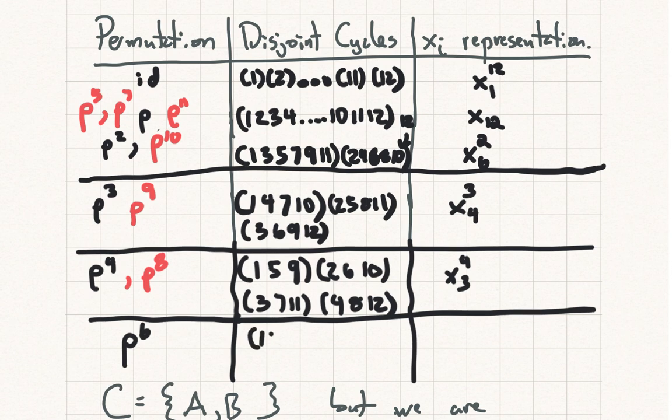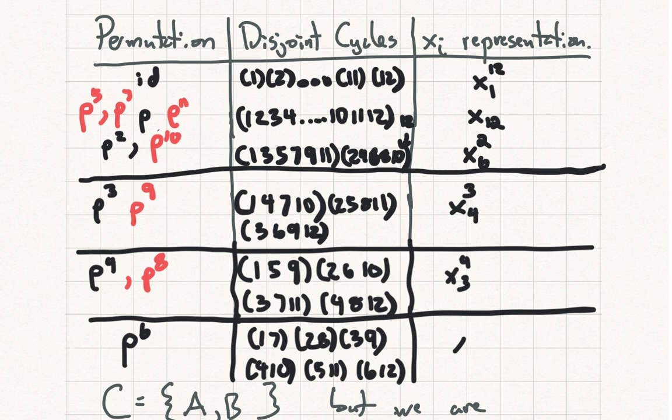That is going to send 1 to 7, 7 back to 1, 2 to 8, 8 back to 2, 3 to 9, 4 to 10, 5 to 11, and 6 to 12. So here we have 6 2-cycles. Okay, and we have everything, 1 through 12. So we have all of them.